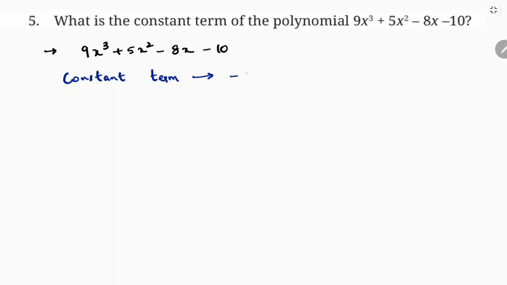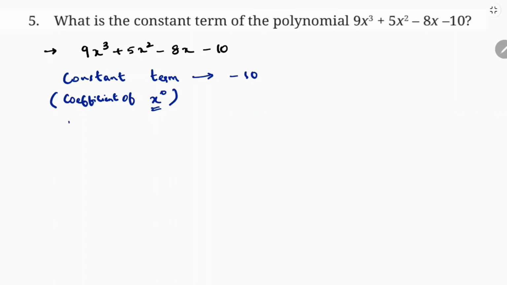Clearly the constant term is minus 10. If they want to twist the question and ask in a different way, the coefficient of x power 0 is nothing but the constant term. You can write minus 10 x power 0. So the constant term in this polynomial is minus 10.